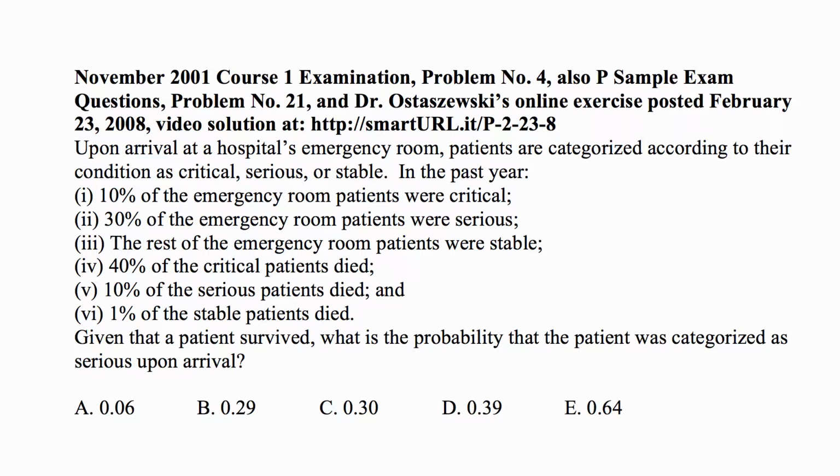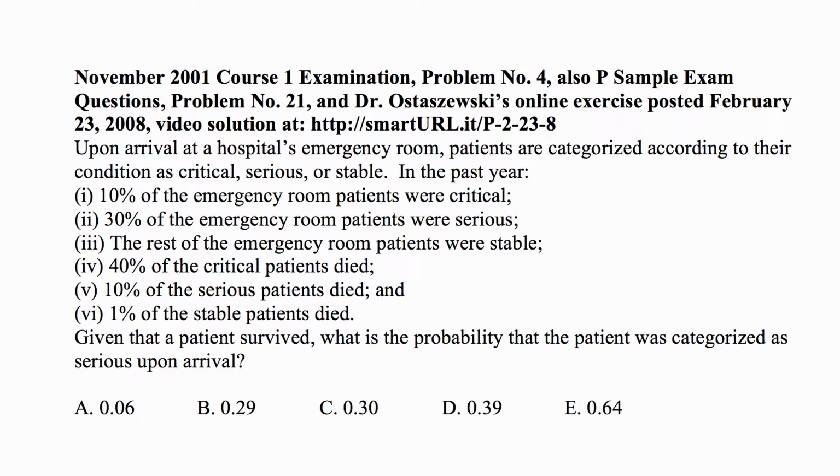In the past year, 10% of the emergency room patients were critical, 30% were serious, and the rest were stable. 40% of the critical patients died, 10% of the serious patients died, and 1% of the stable patients died. Given that a patient survived, what is the probability that the patient was categorized as serious upon arrival?